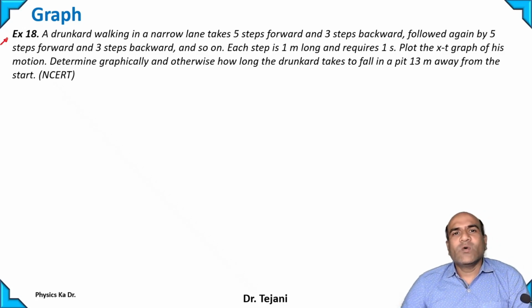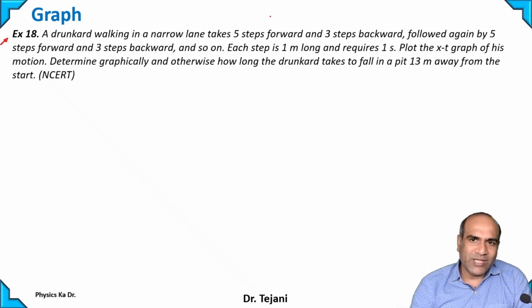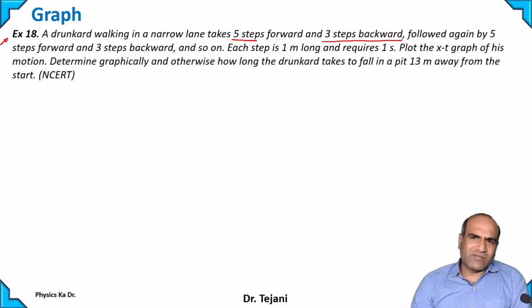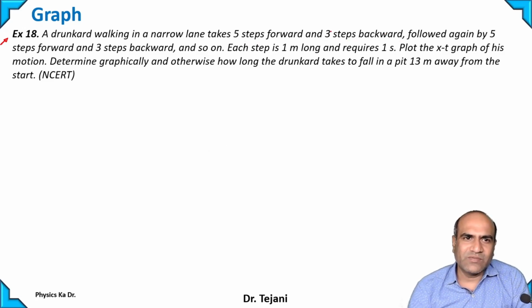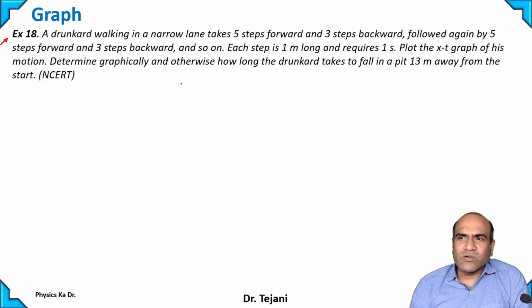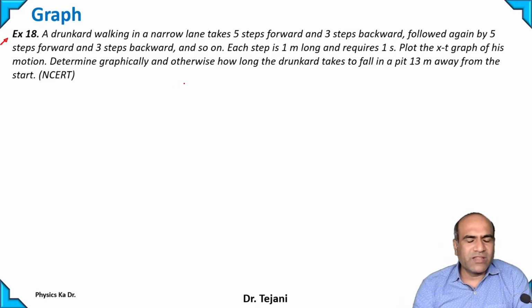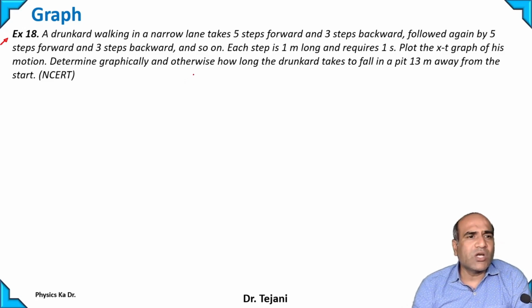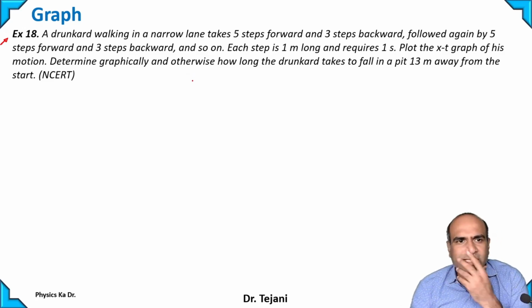A drunk walking in a narrow lane takes 5 steps forward and 3 steps backward, followed again by 5 steps forward and 3 steps backward, and so on. We have seen this in cinemas. Each step is 1 meter long and requires 1 second. Plot the x-t graph of his motion.